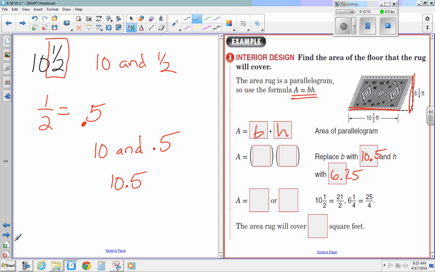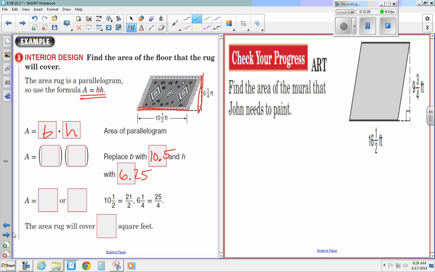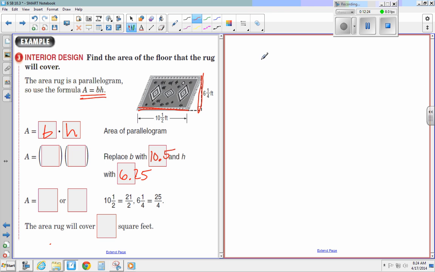Okay. Now, there are two things we could do. We know that area is equal to base times height. So area is equal to 10.5 times 6.25. And you could multiply those by hand.